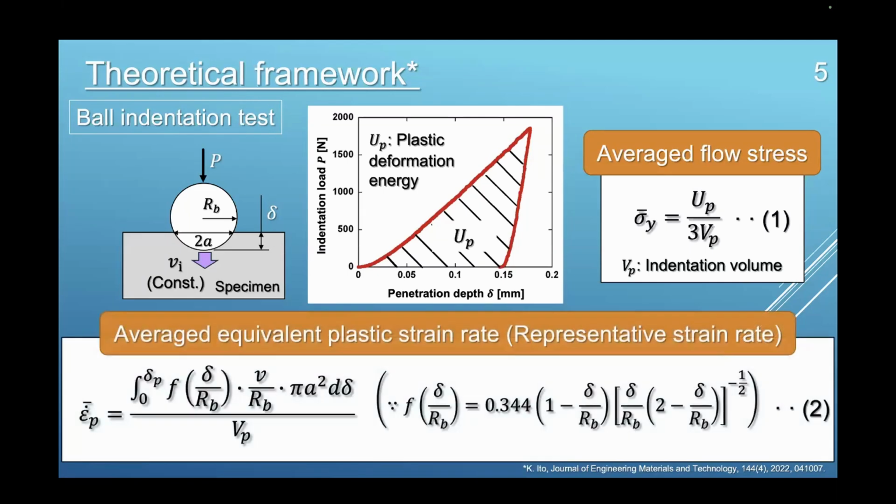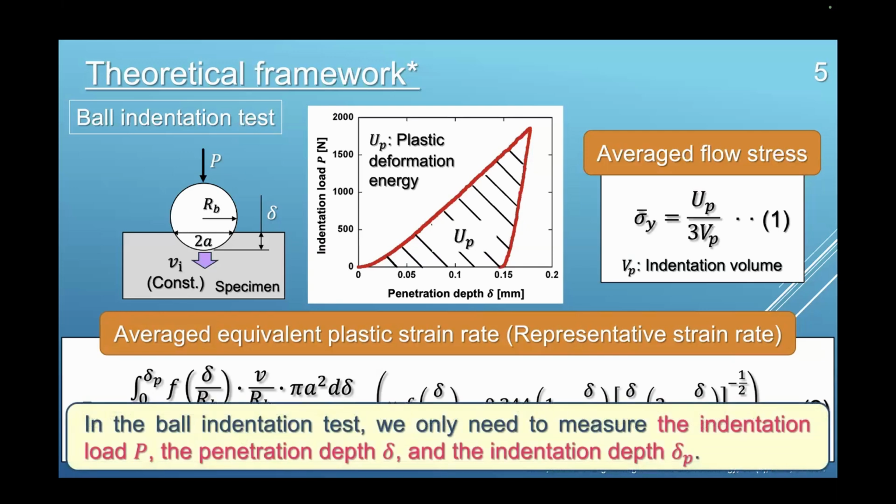Then the average equivalent plastic strain rate, in this study called representative strain rate, can be calculated like this. In the ball indentation test, we only need to measure these three values.